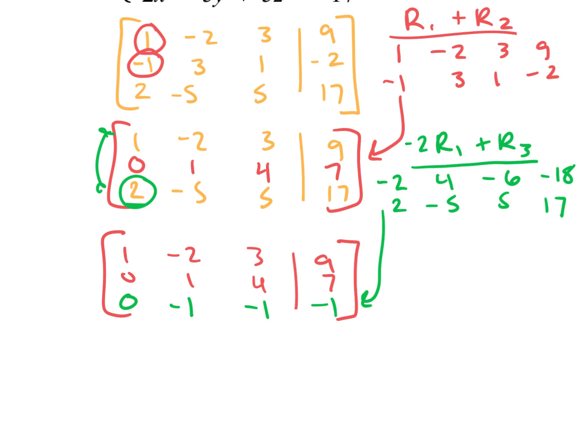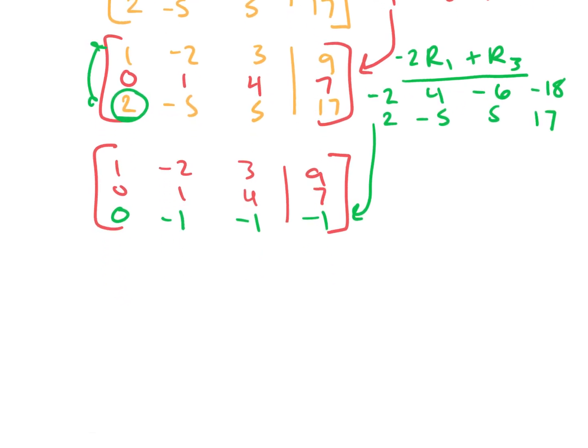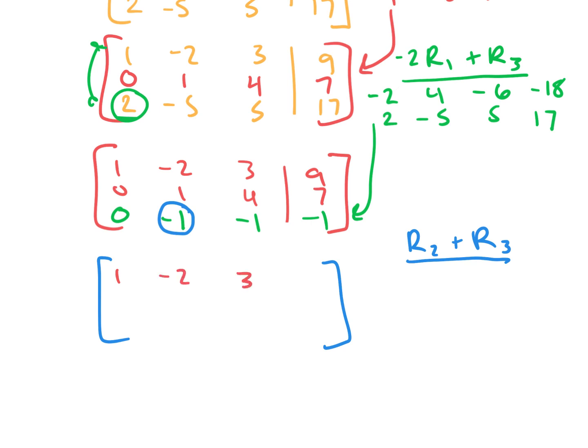Next, I want to add the second row and the third row because my next step is to get this to be 0. I already have 1 in the middle here, so then I want right below it to be a 0. So add the second and third, row 2 plus row 3. So the first 2 rows stay the same. 1, negative 2, 3, 9, 0, 1, 4, 7.